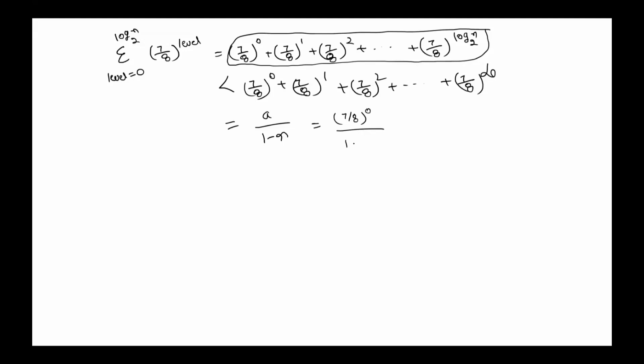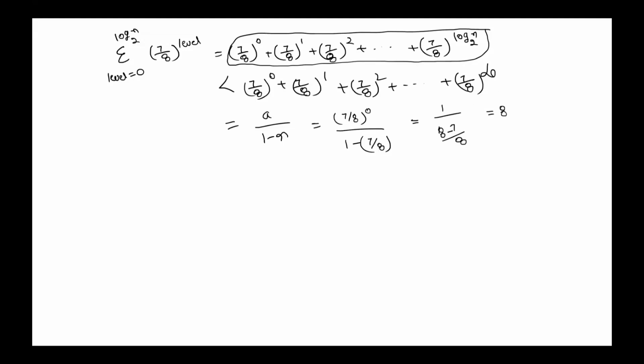What is 1 minus r? 1 minus 7 by 8, it is 1 by 8. So the sum is 8. Is that correct? That means this entire value is a constant.